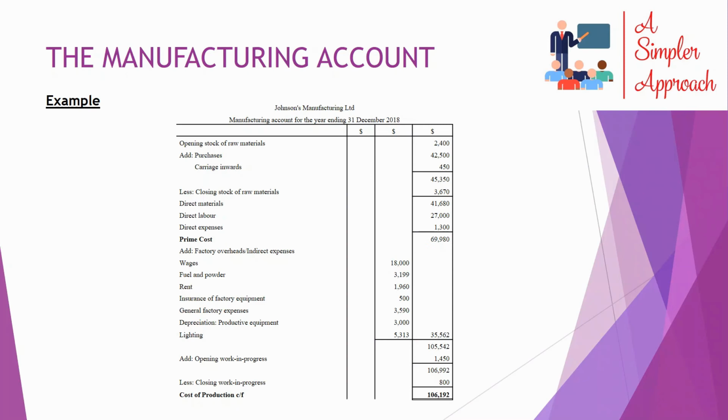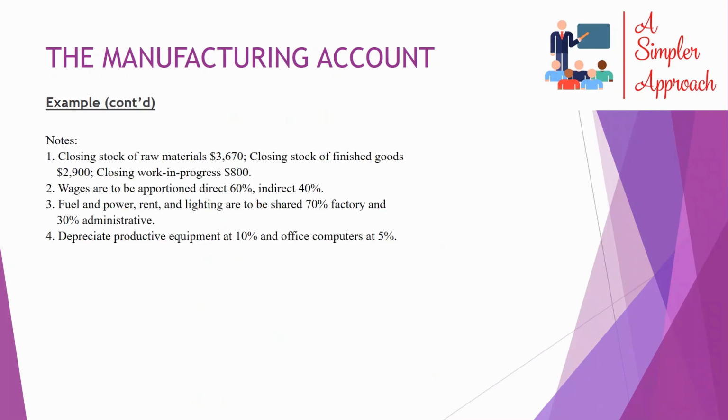For example, the footnote number 3 said fuel and power, rent and lighting are to be shared, 70% factory and 30% admin. So whatever fuel and power is, 70% of it is for the factory and 30% is for admin. And the same principle applies to rent and lighting.